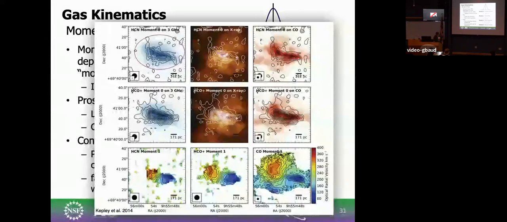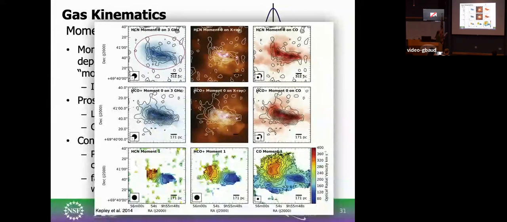And just to put this into context, this was a paper by Amanda Kepley, where the top row is showing HCN, the middle row is showing HCO+, and the bottom is showing the moment 1, or the central velocity, where you can see this velocity gradient or these curves here.